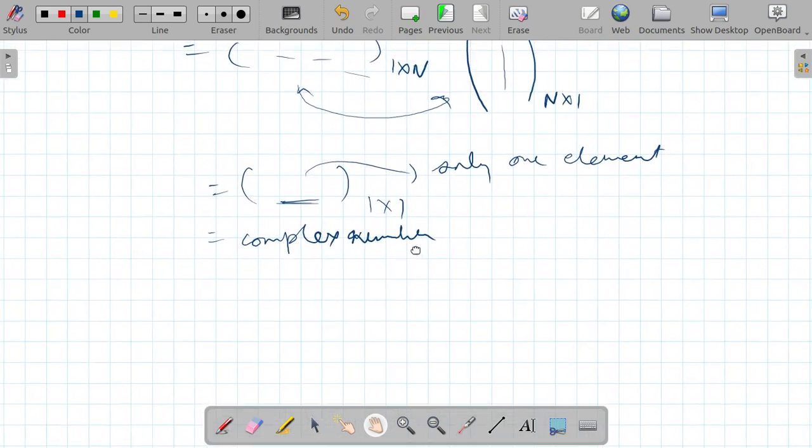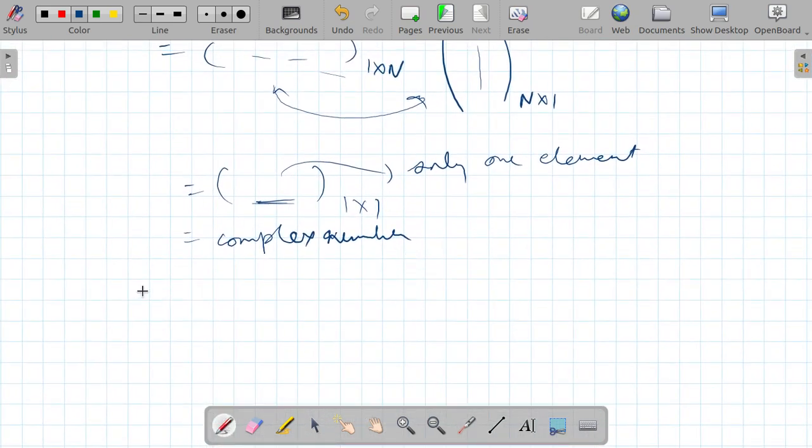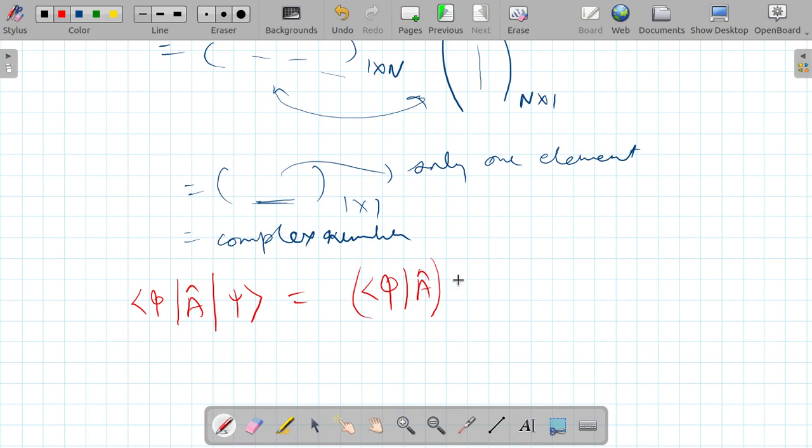Then another very important thing which you have to keep in mind: this phi dagger, sorry, a cap psi, can be done either in this manner or you can do it the other way.